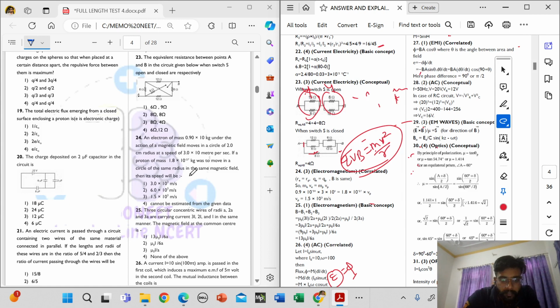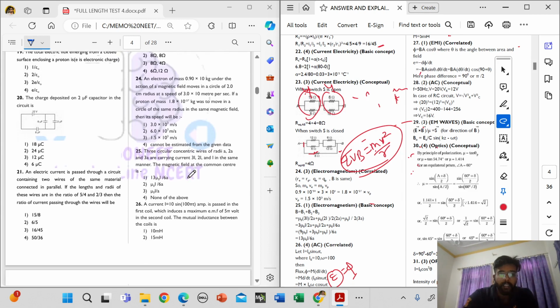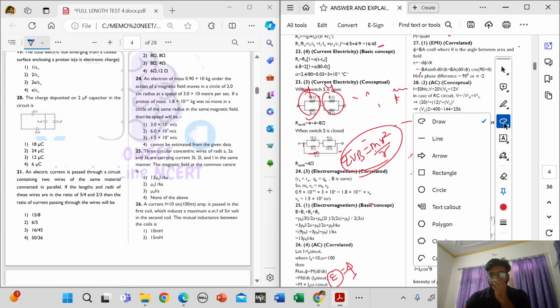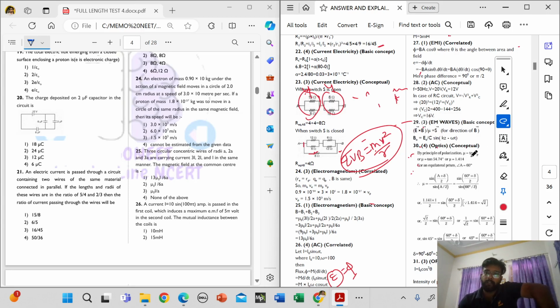Now next, three circular concentric wires of radii a, 2a and 3a are carrying currents 3I, 2I and I in the same manner, and the magnetic field is at the common center. We want to calculate the field due to the whole three wires, so that will be the sum of the three magnetic fields. The field at the center due to one wire is mu naught I upon 2r.